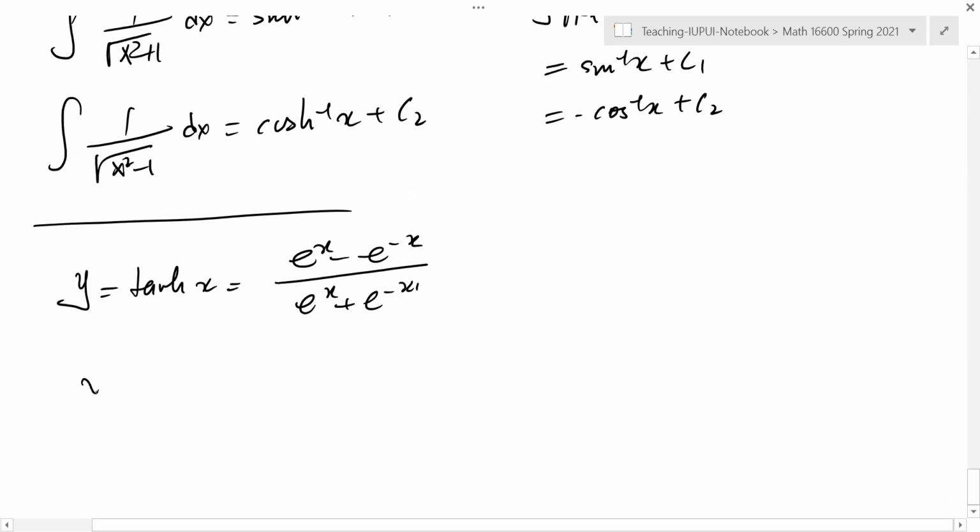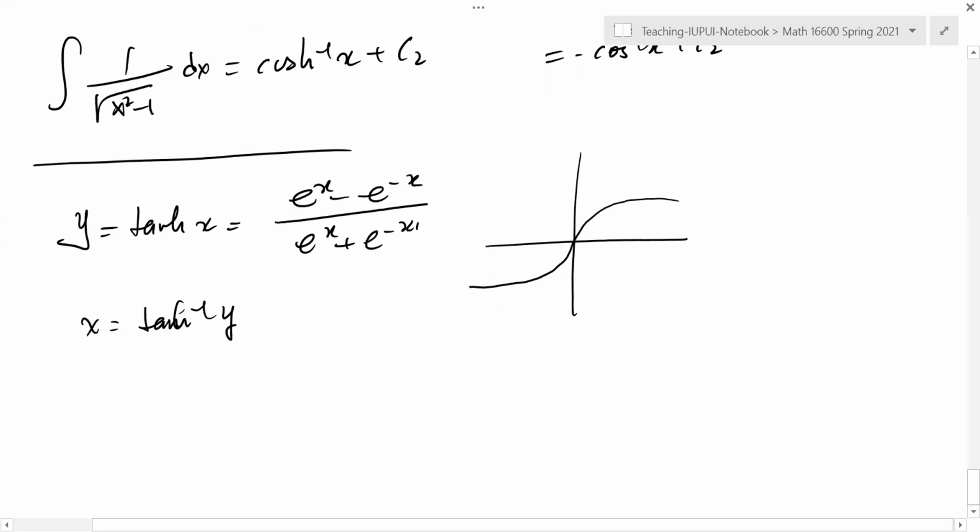Now, am I able to find the formula for this? Is this function increasing or decreasing? Well, if we already find it, then you don't need to check whether it's increasing or decreasing. I'm pretty sure the graph looks like that. It's an increasing function.